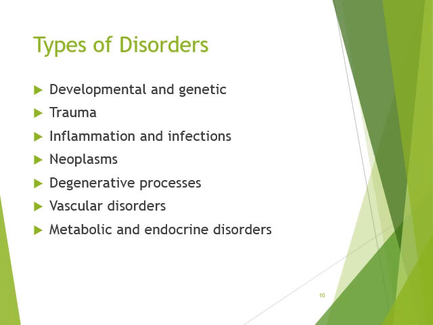Degenerative processes. The primary degenerative disease of the brain is Alzheimer's disease, a progressive condition that begins with memory loss and results in severe mental and physical deterioration. Vascular disorders. Any factor that interferes with blood flow to the nervous tissue can lead to cell death and result in loss of function.